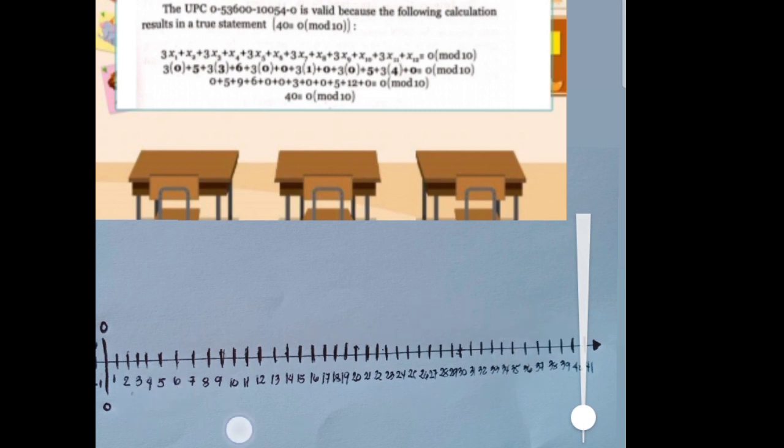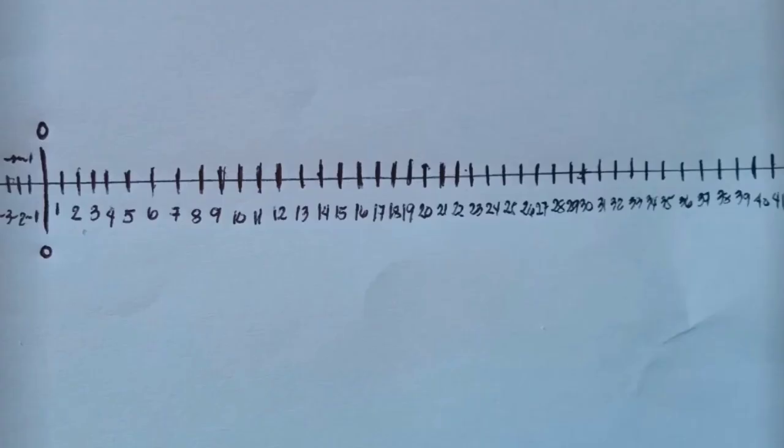As we know, modulo 10 has 10 values, and the count also starts at 0. So let's start counting.